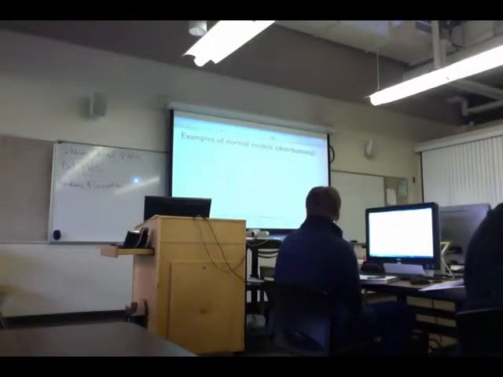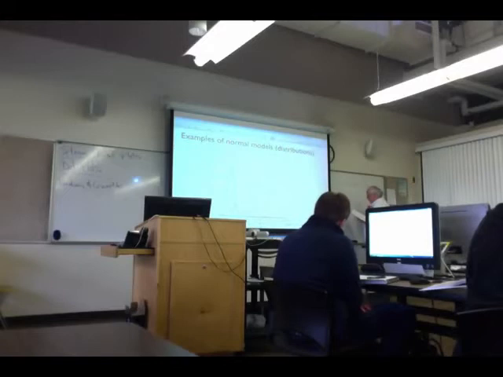Now, in this problem it says, some IQ tests are standardized to a normal model with a mean of 100 and a standard deviation of 16. So this is what they're saying. We are going to be using a model where mu is equal to 100 and sigma is equal to 16.